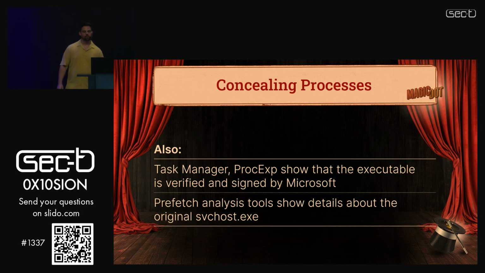Also, tools like Process Explorer and Task Manager will tell you that the image path of this process is verified and signed by Microsoft. Also, prefetch analysis tools will provide you information about the original trusted svchost executable.